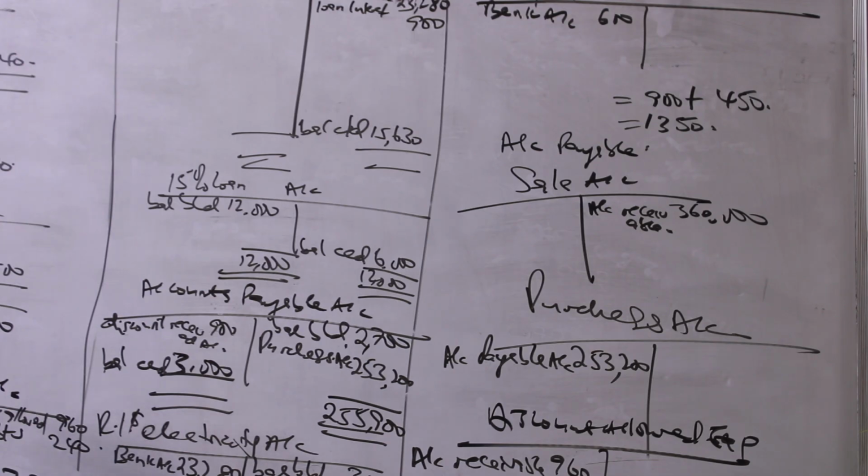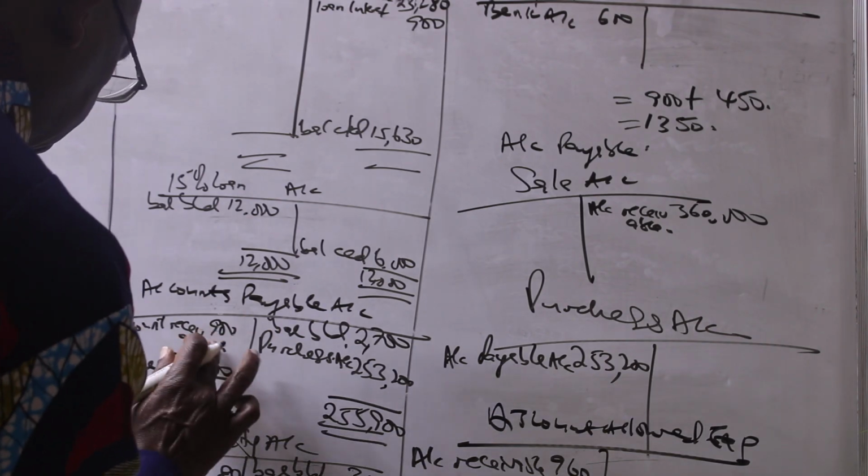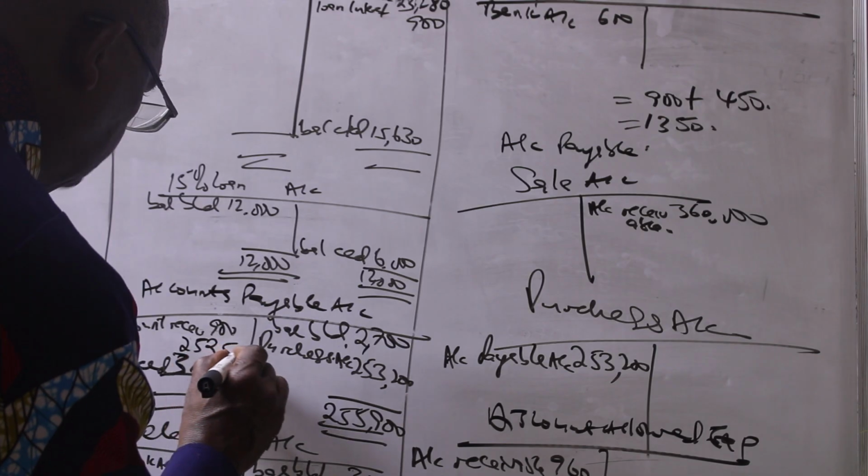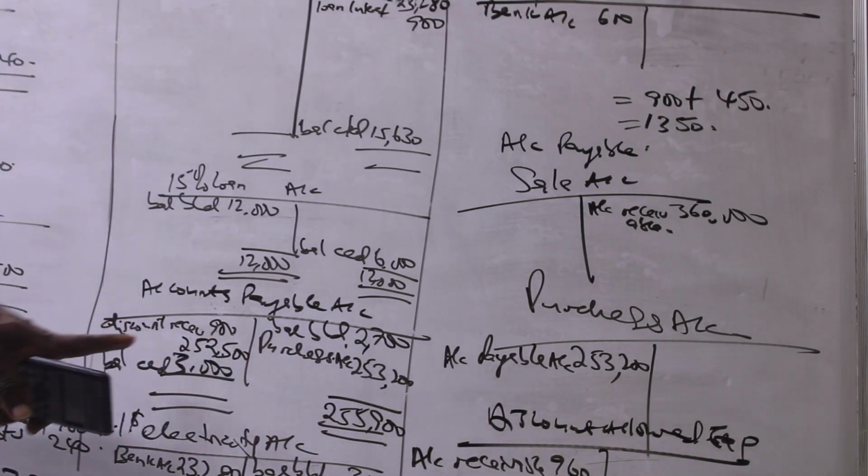We get a figure of 252,000. Our liability that we have paid is 252,000.